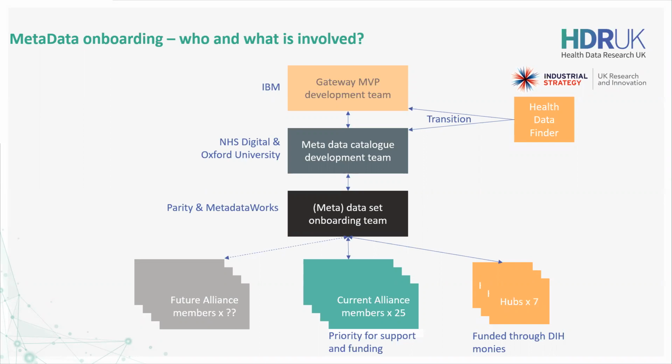The hubs get their funding through the DIH monies, and whilst a number of you will be aware there's an element of crossover between some of the organisations there, we want to make sure that everybody gets the opportunity to be involved in this and have some funding associated with that.